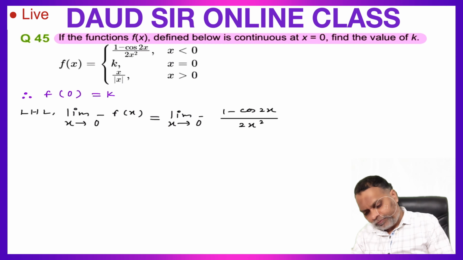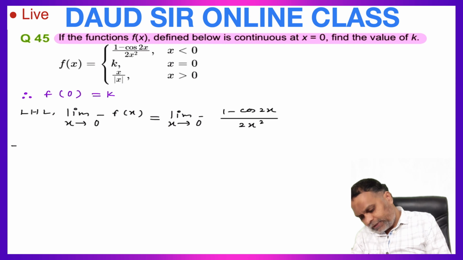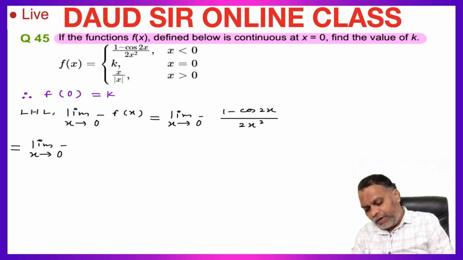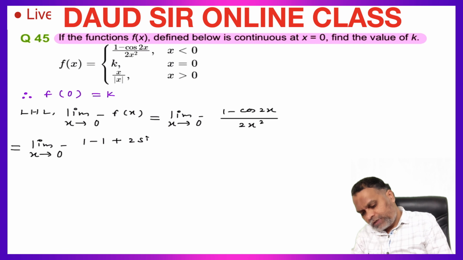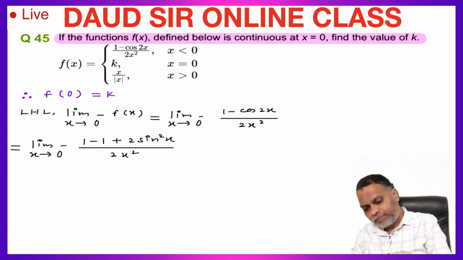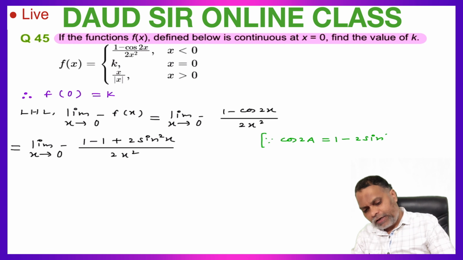Simplify this, which is equal to limit x tends to 0 minus, limit x tends to 0, 1 minus 1 plus 2 sine square x upon 2x square. For cancelling 1, we applied this formula, since cos 2a is equal to 1 minus 2 sine square a.